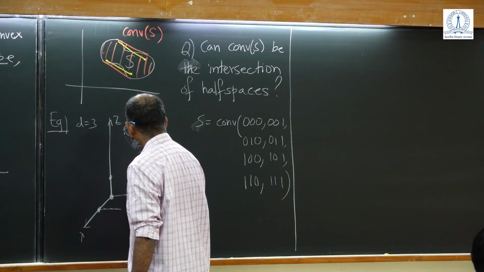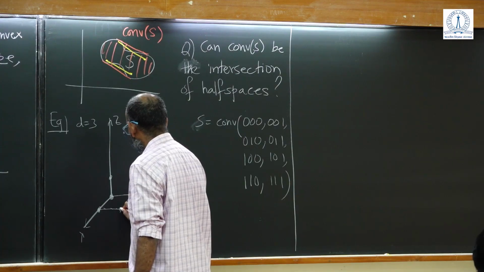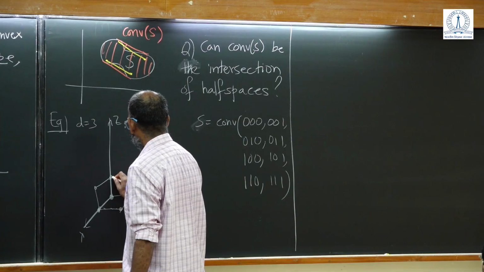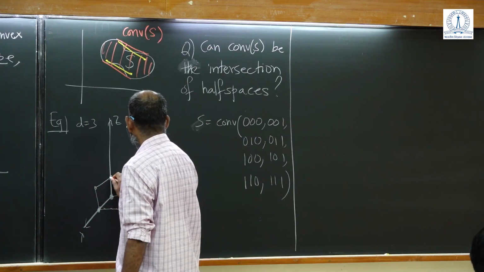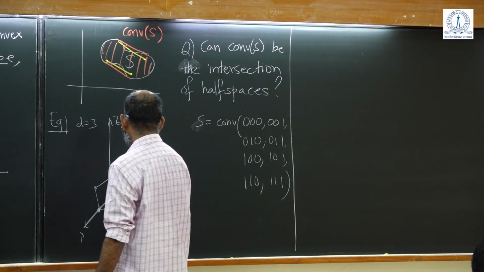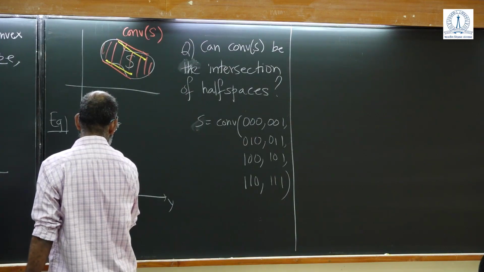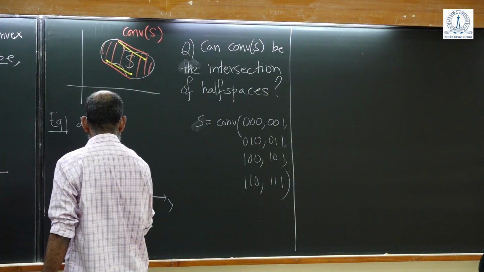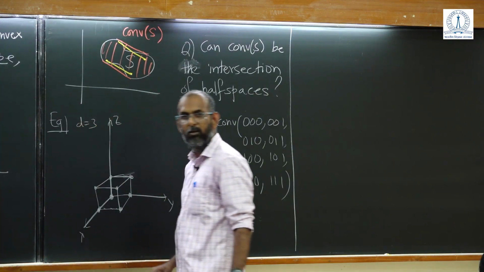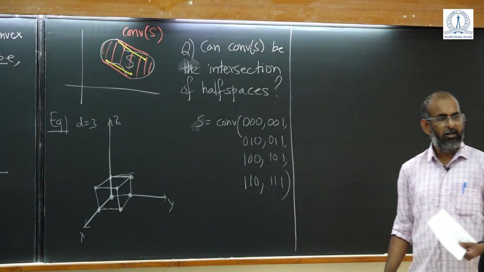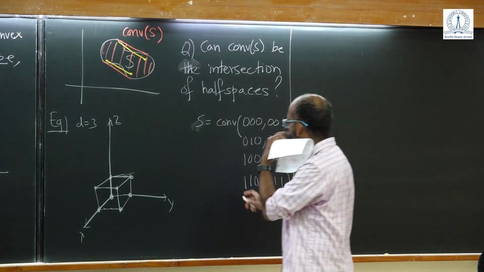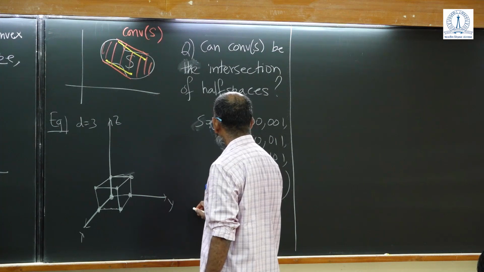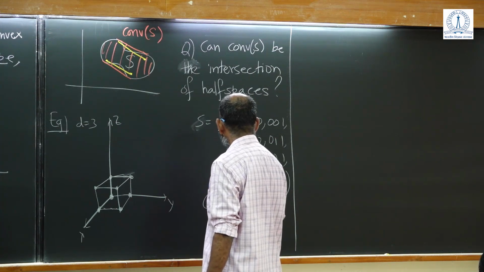Then I have 1, 1, 0, and then I have 1, 0, 1. Sorry, I'm not very good at drawing these things. So what do we get? The cube. So the convex hull of this is a three-dimensional cube.